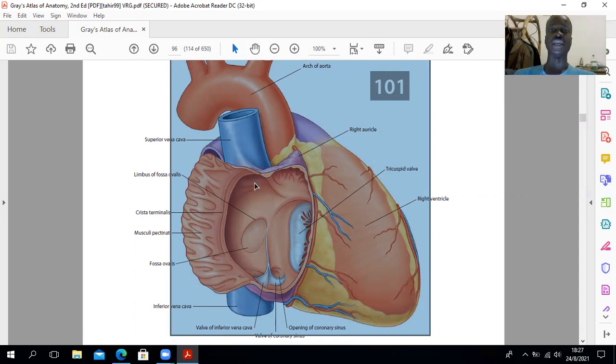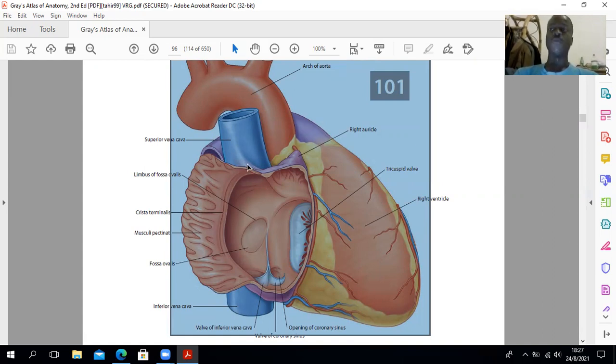Then there's an opening for the superior vena cava. I'm mentioning the major openings. Then you're also going to have an opening for the coronary sinus. And this opening of the coronary sinus, it actually lies in between the opening of the inferior vena cava and the right atrioventricular orifice. Right.